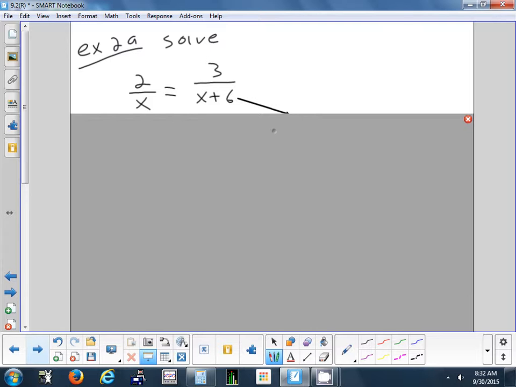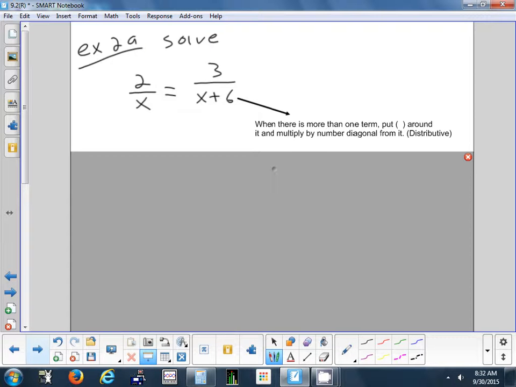Yep, the x plus 6, it's got 2 things in it. So whenever you have something that has more than one term, this is step 1 right away. Put parentheses around this.